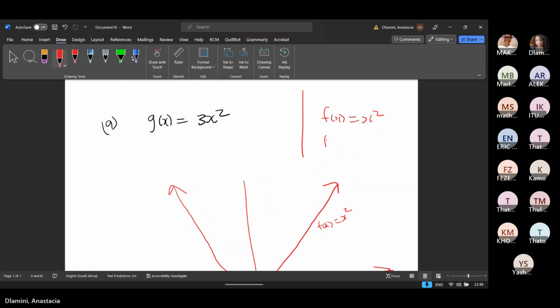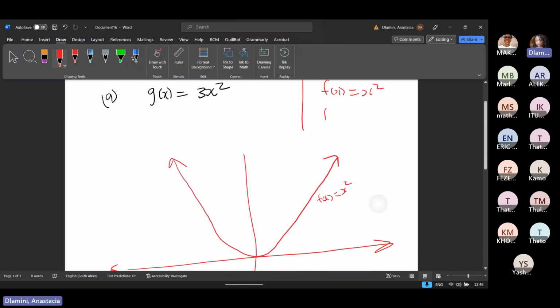Stretch. Okay. Before you answer that question, I want us to choose 3 points here. Let's choose 1, 2, and 3. So f of 1 equals 1, f of 2 equals 4, and f of 3 equals 9, right?